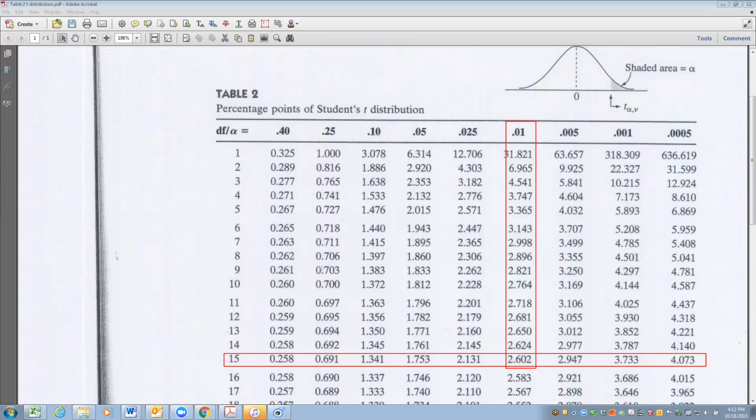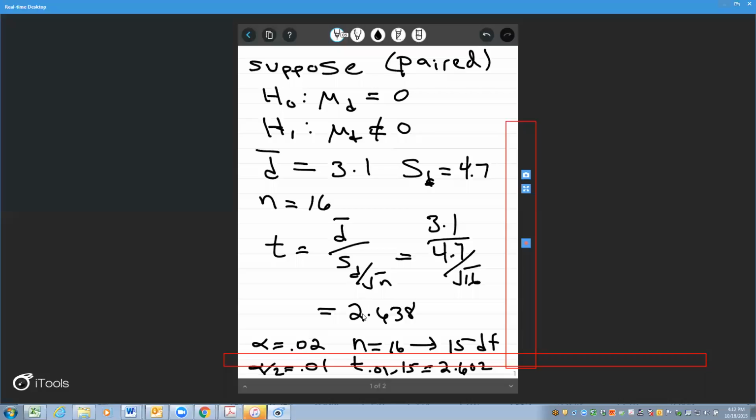Right? My t-value that I've calculated is bigger than the critical value, which means I've gone further out than I was allowed. So therefore, I will reject the null hypothesis and conclude that these are not equal to each other.